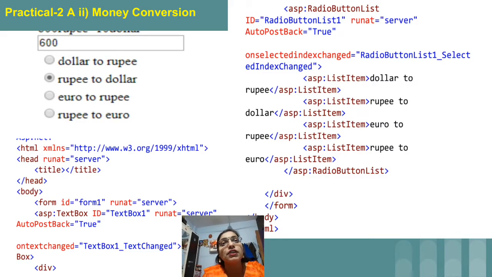If at the same time you click on the next or another radio option, it will show that you have checked, suppose, euro to rupee, but it will not actually send the response to the system. The response which is stored is nothing but the first option you selected when you first ran that program.